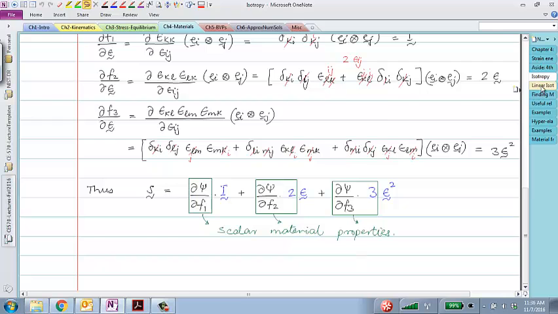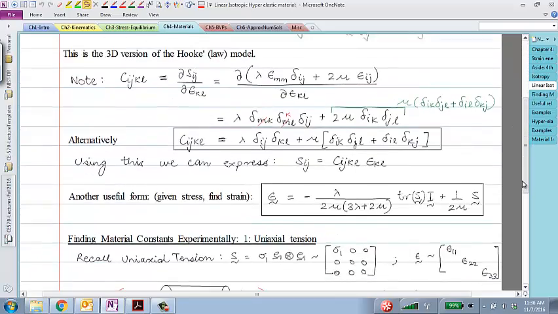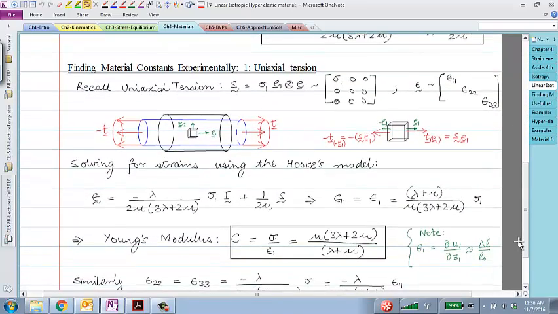We further restricted it to linear isotropic hyperelastic, and immediately linear means that the strain energy function has to be quadratic, and therefore it boiled down to two material properties. And last time we went through this exercise of how we find these two material properties.